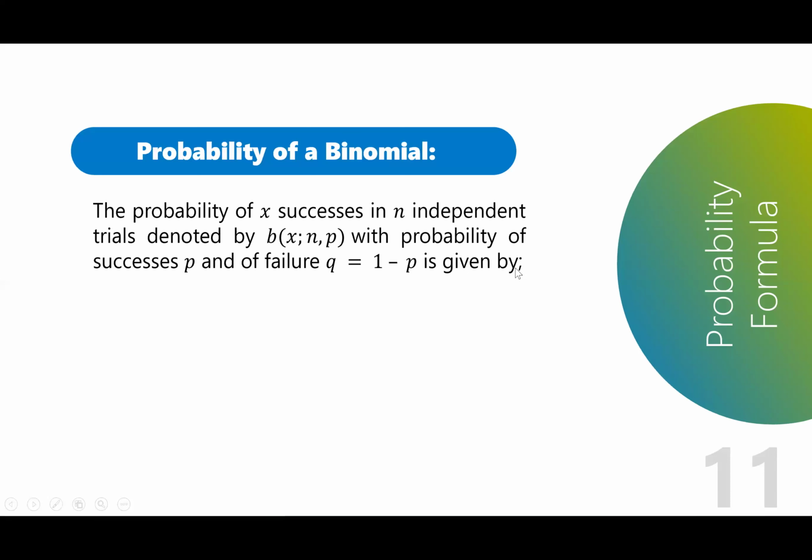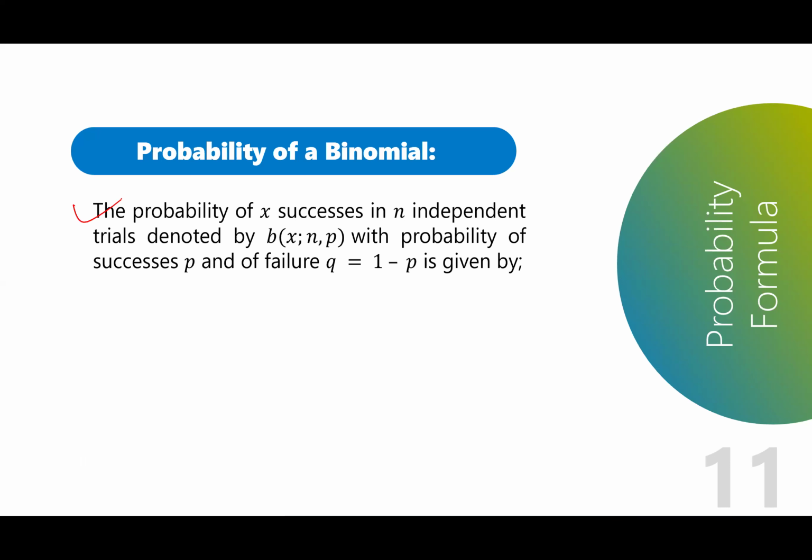Let us now look at the other concept of probability. In the next parts of the question, we are required to find the probability. But the question is, what is the probability of a binomial?